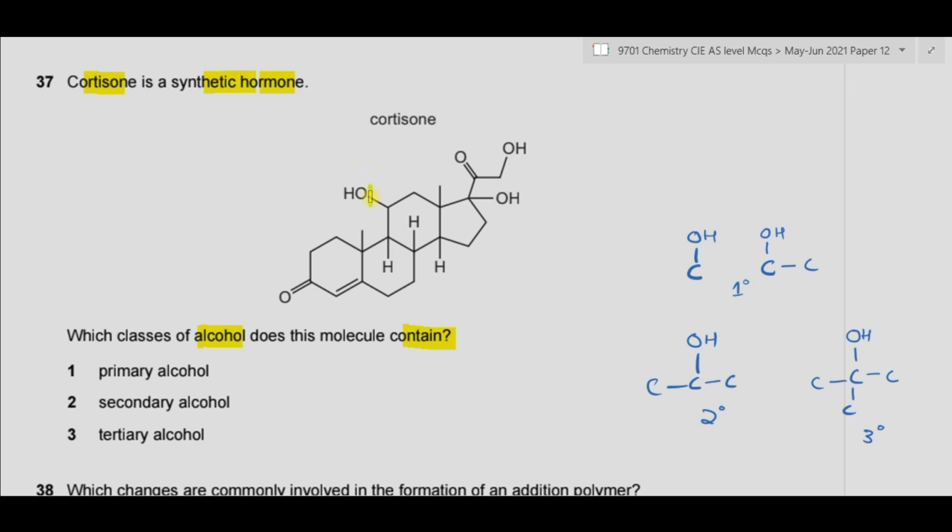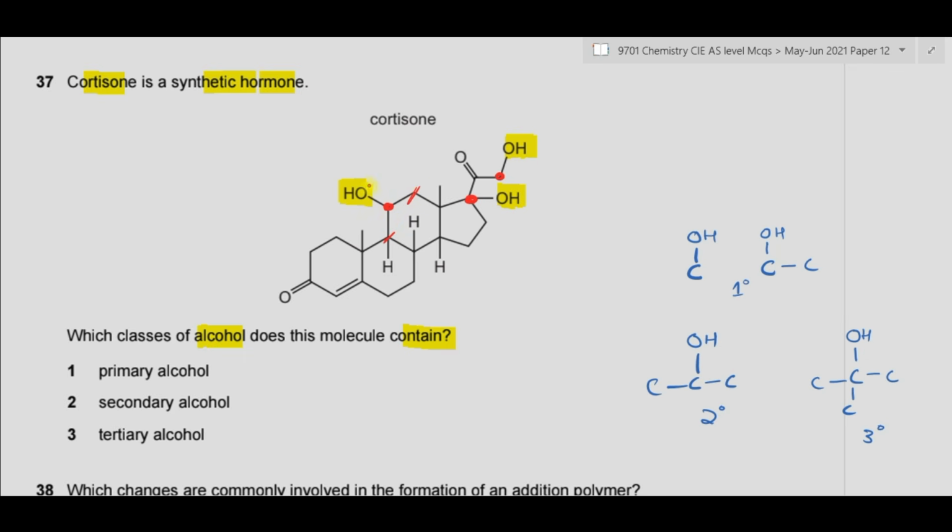Let's look at the OH groups. This is OH, this is OH and this is OH. We only have three alcohol groups. So we can look at these 3 carbon atoms. This carbon atom is directly attached with 2 other carbon atoms. One is this one, one is this one.